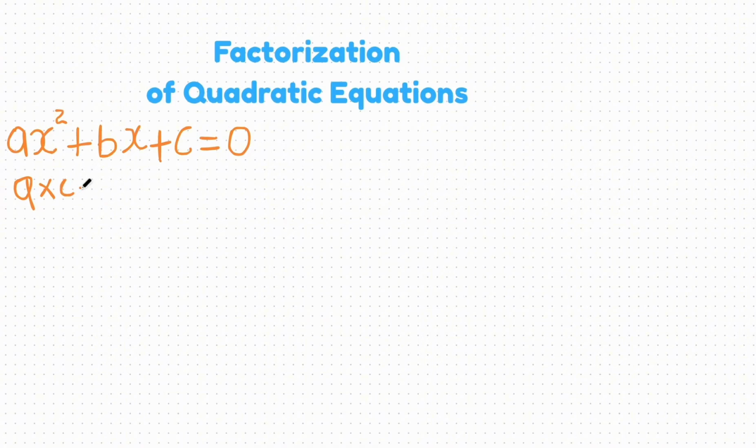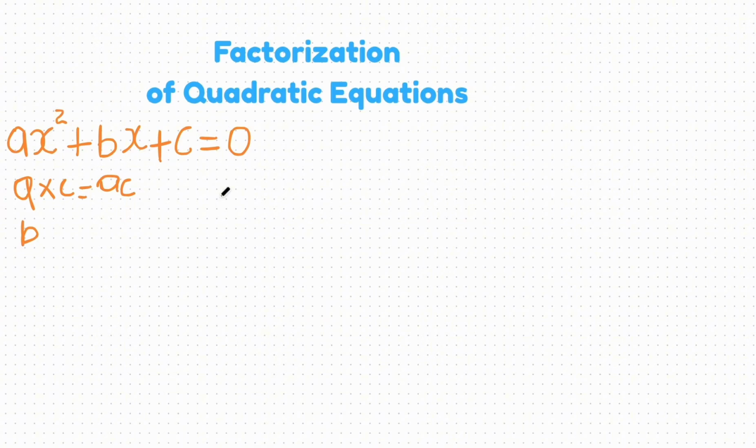What we get is ac. Then we write back our b. When we're solving quadratic equations in this format, we need to find two numbers that when we multiply we get AC, but when we add these same numbers we get B.